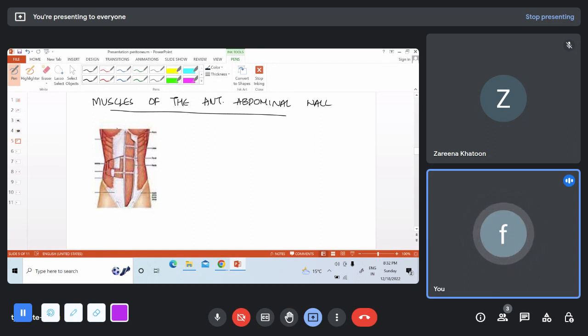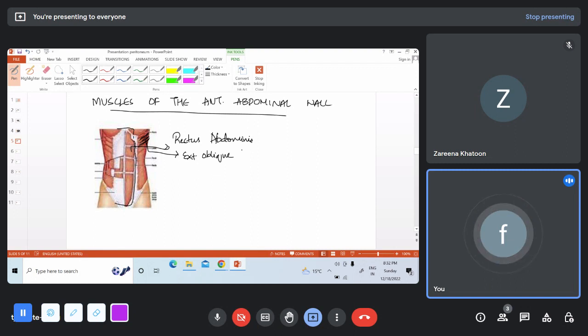The first muscle here, you can see this is the flat muscle lying in front of the abdomen. This muscle is called rectus abdominis. Similarly, laterally here, you can see the oblique muscle fibers. The external most one, which is arranged obliquely, is called external oblique.